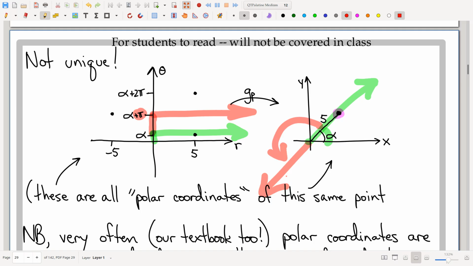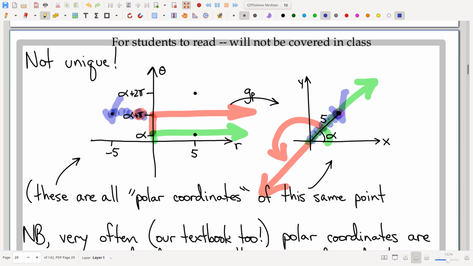It has me going in exactly the wrong direction, and so therefore I can just say, well, let's go backwards from the red direction, and sure enough, then that gets me to the point I'm interested in. Right? So this is how you can use a negative r to give an alternative polar coordinate for a given point.